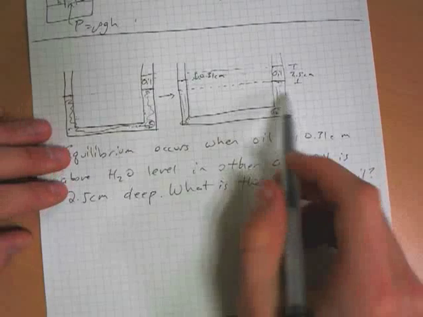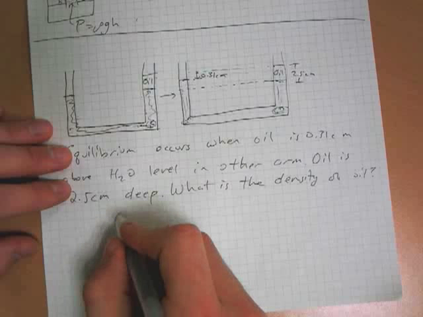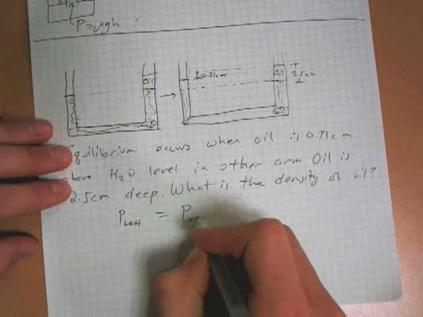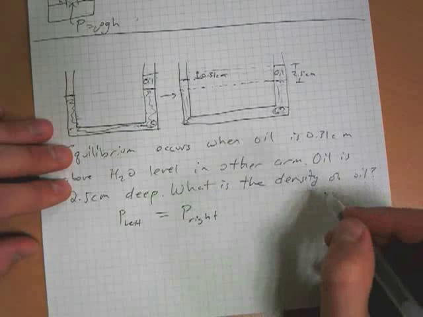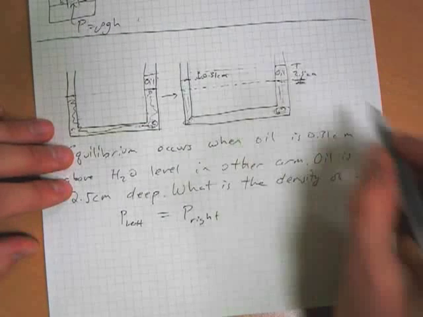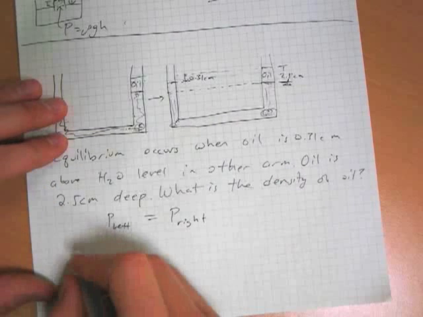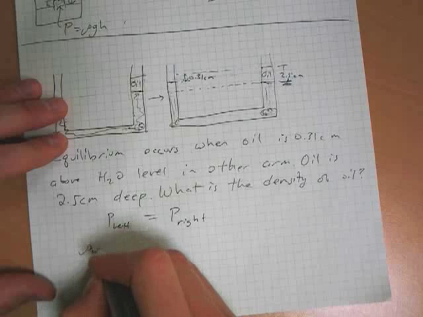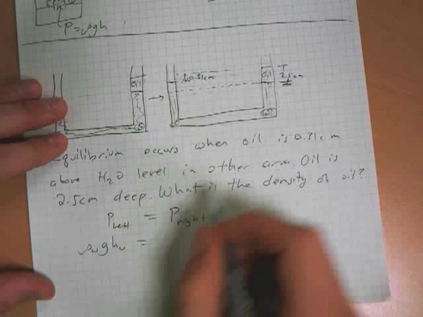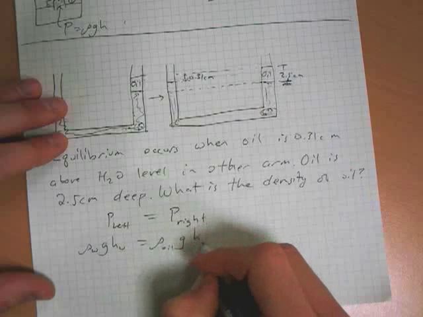So basically, at this point, what we need to do is say that our pressure on the left must be equal our pressure on the right. At this point, this is where the 2.5 centimeters ends. Okay, at this point, the water, so this is going to be rho water, g, h water, and over here, we've got rho oil, g, h oil.